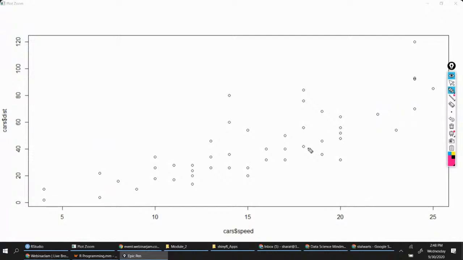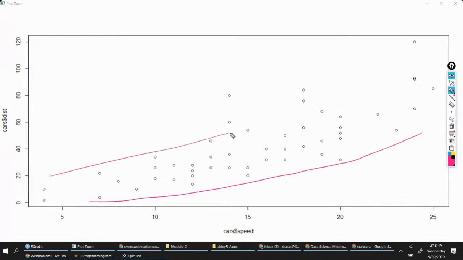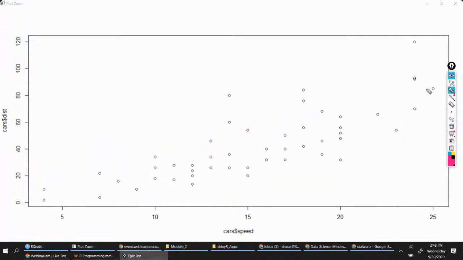You can see that the data is like this. If you carefully observe, majority of the data is here. This is a positive direction, of course.